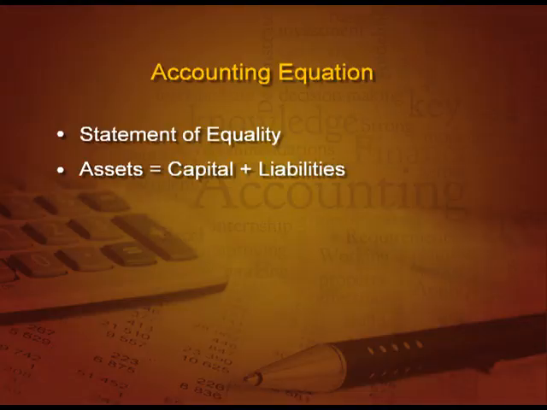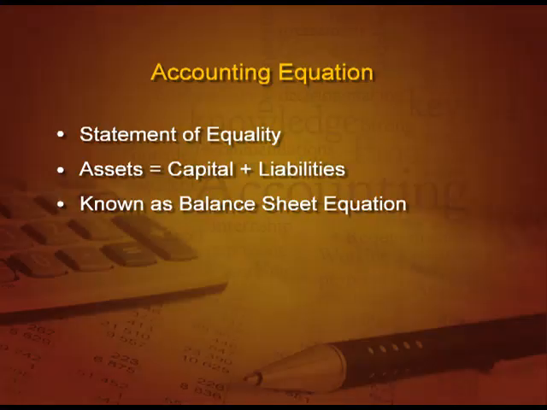The accounting equation is assets equal capital plus liabilities, which means whatever money we have invested, that is capital, and whatever money we have borrowed, that is liability, both when equated make the assets of the business. So, this is also known as the balance sheet equation.